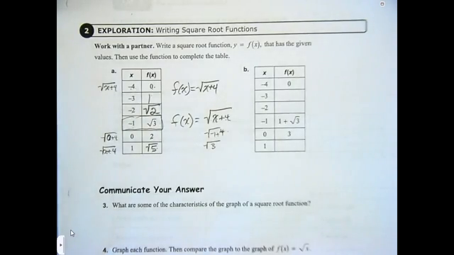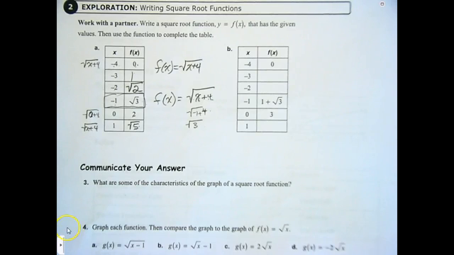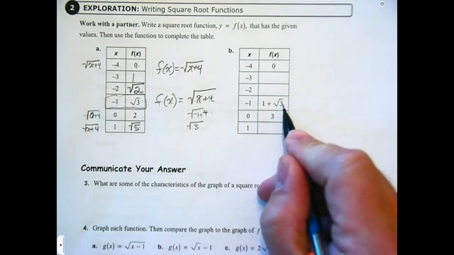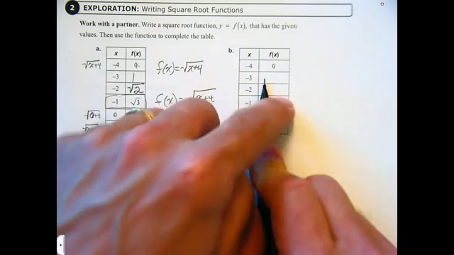All right. Hey, now that you know what to do, try the more difficult one, B. Uh-oh. You can do it. You'll be good at it. Hey, go back to this one right here. How could you get root 3 from -1? Ignore the 1. How could you get the root 3?